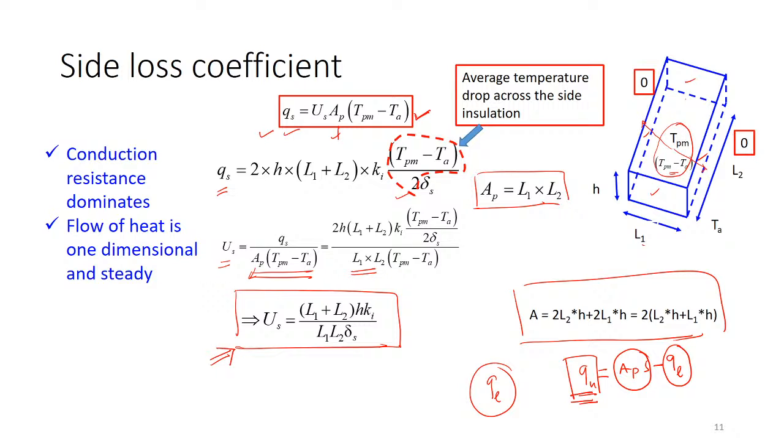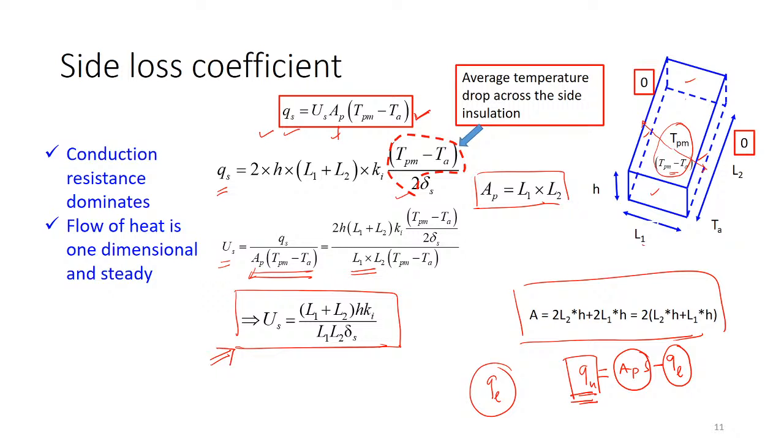One more thing I would like to clarify for the students who raised a point, that they have struggled a lot in calculating side loss. We have demonstrated how the top loss, the bottom loss, and the side loss can be calculated.